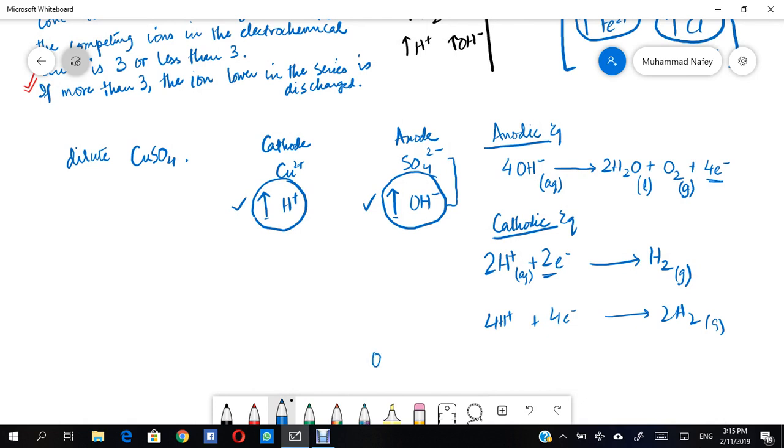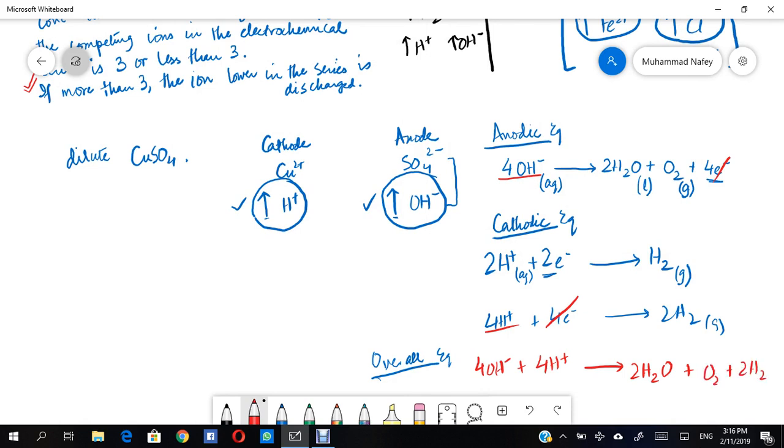Now the overall equation becomes, let's show some cancelling out here. We have 4OH⁻ and 4H⁺. 4OH⁻ + 4H⁺ gives us 2H2O + O2 + 2H2. The state symbols finally.